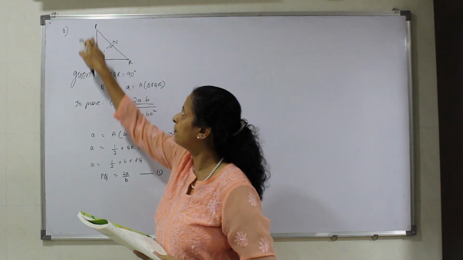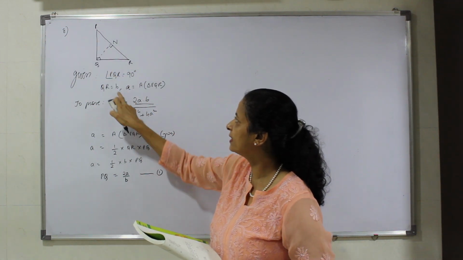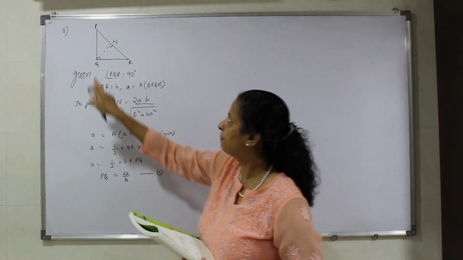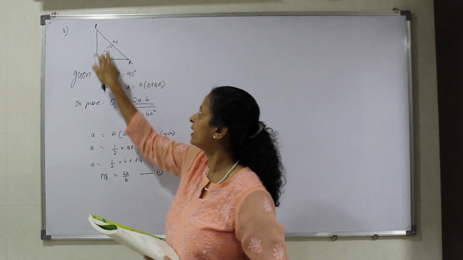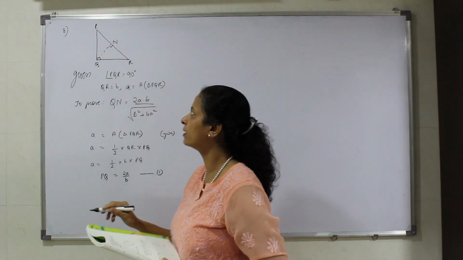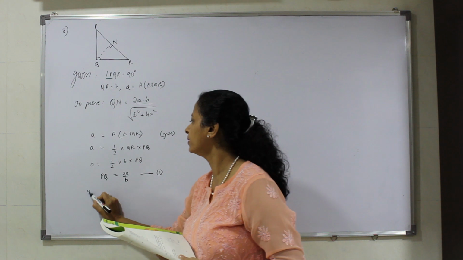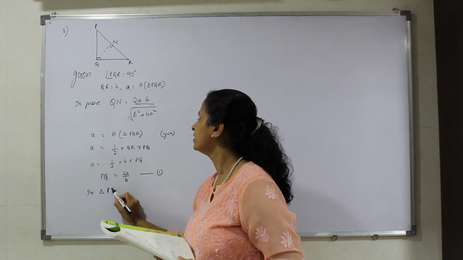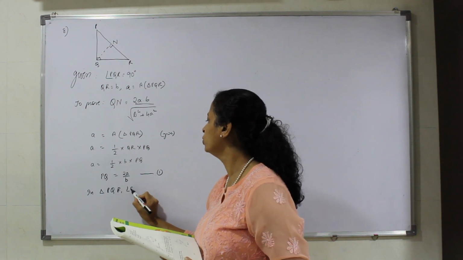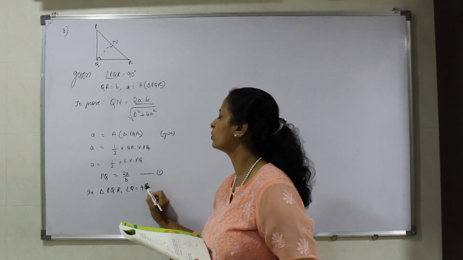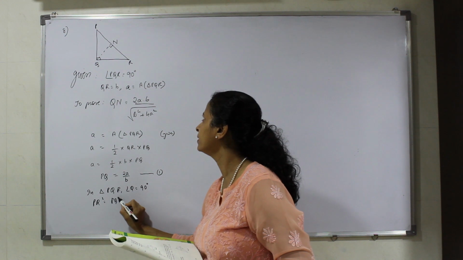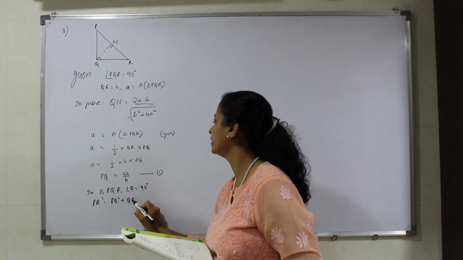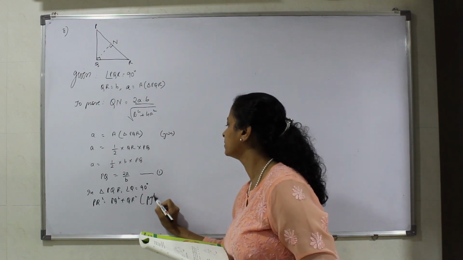Now if you look at triangle PQR, the QR has the letter small b, the PQ has now got the letter 2a upon b, and so that leaves us for the Pythagoras with the letter PR. So in the triangle PQR, since angle Q is 90, what do we have by Pythagoras theorem? We have PR square is equal to PQ square plus QR square, the reason being Pythagoras theorem.